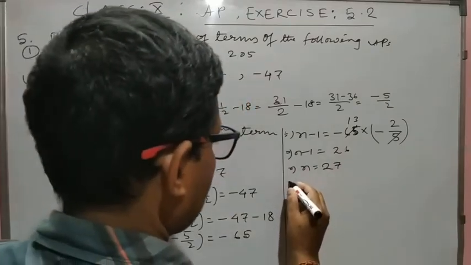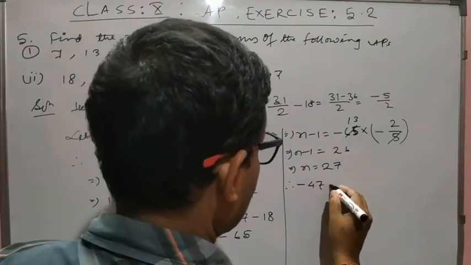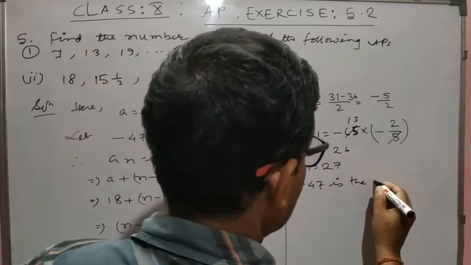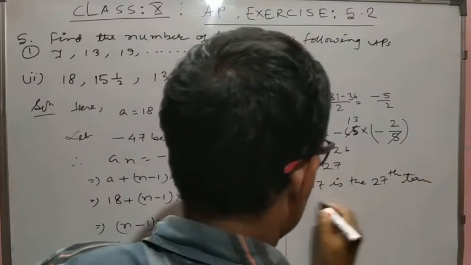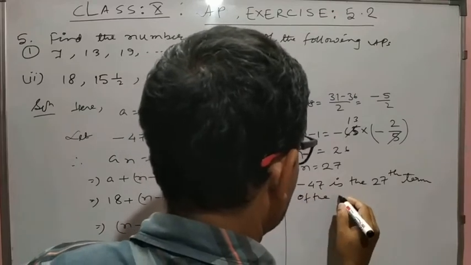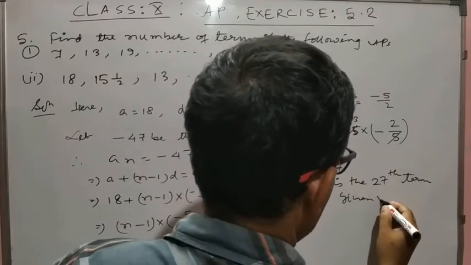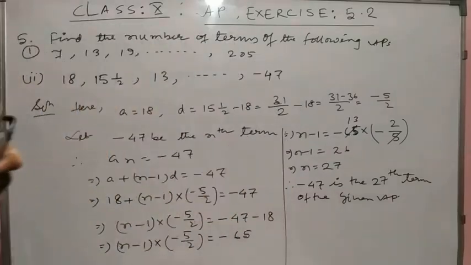Therefore minus 47 is the 27th term of the given AP.